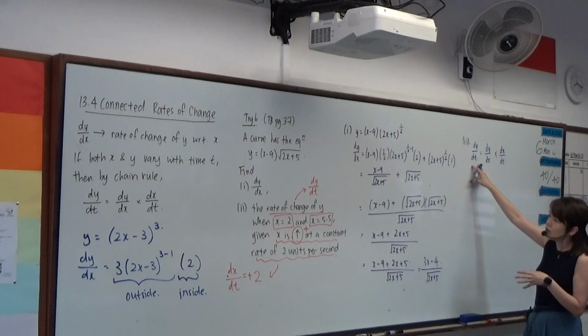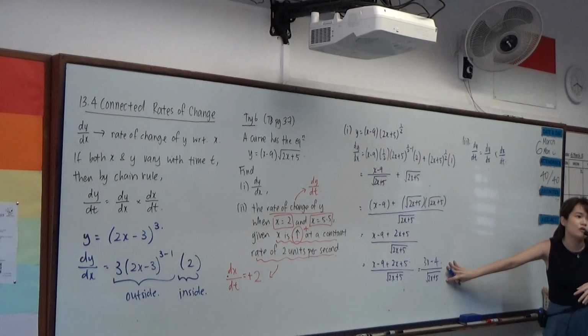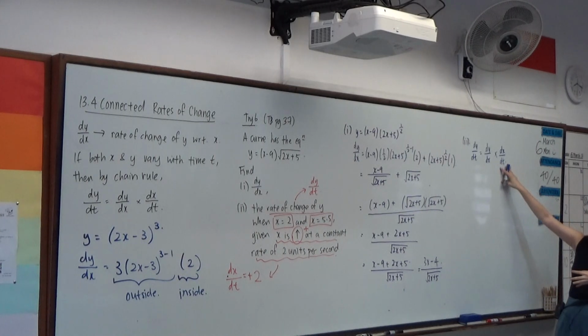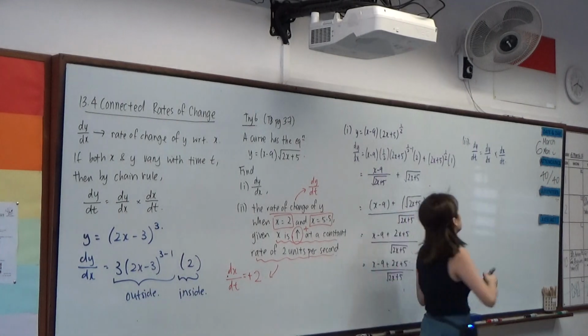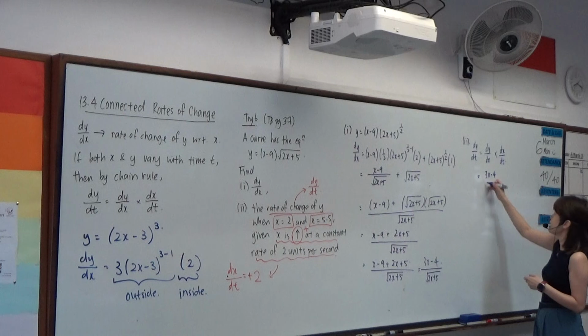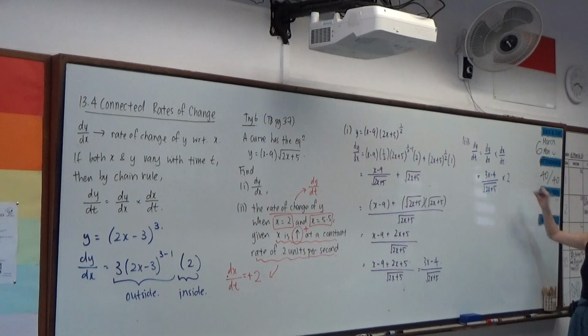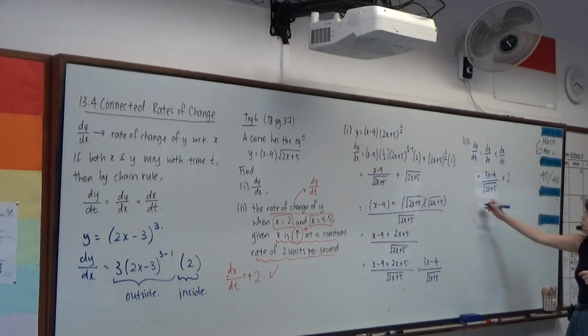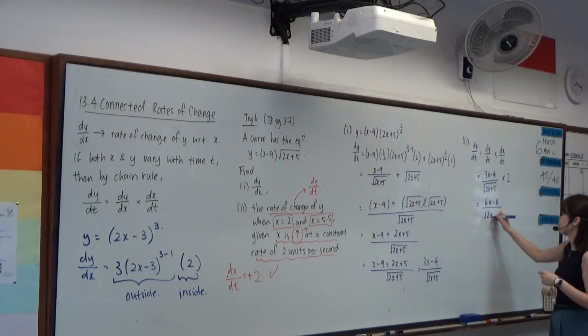So now since we are trying to find dy over dt, we already know what dy over dx is, and for dx over dt, the question has also given us a value which is 2. So dy over dx, we have 3x minus 4 times square root 2x plus 5, times dx over dt which is a positive 2, and that simplifies to 6x minus 8 over square root 2x plus 5.